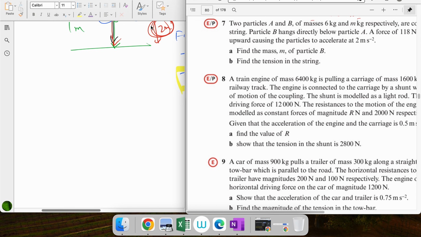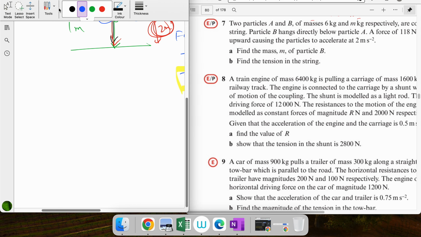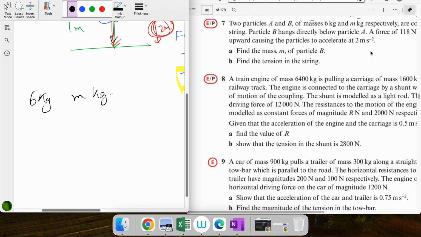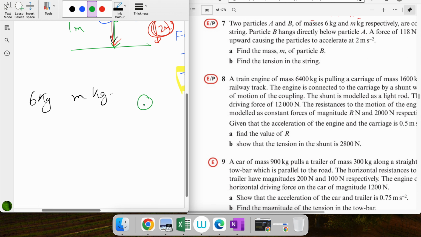Okay, we have two particles A and B, 6 kg and m kg, respectively connected by a light inextensible string. Particle B hangs directly below A. So we have particle A, B hangs below it. A is 6 kgs, B is m kgs, that is unknown.